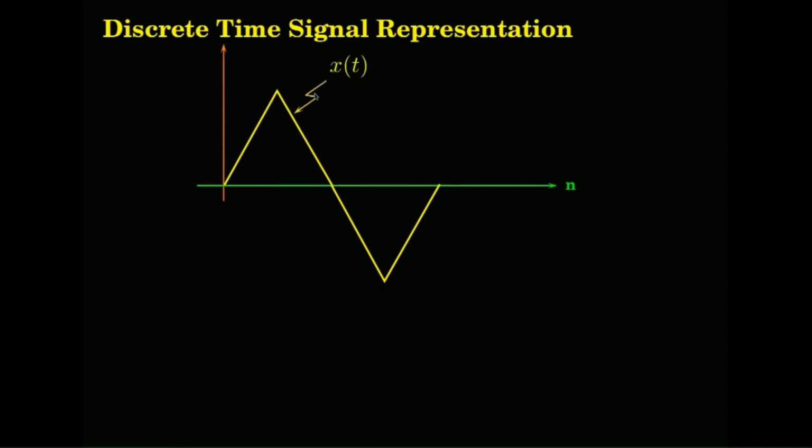Okay. Now, let us sample it. So, what are the sample points? The sample points are displaced with some interval, sampling time interval T. So, 0, 1T, 2T, 3T, 4T, 5T, 6T, 7T, 8T.